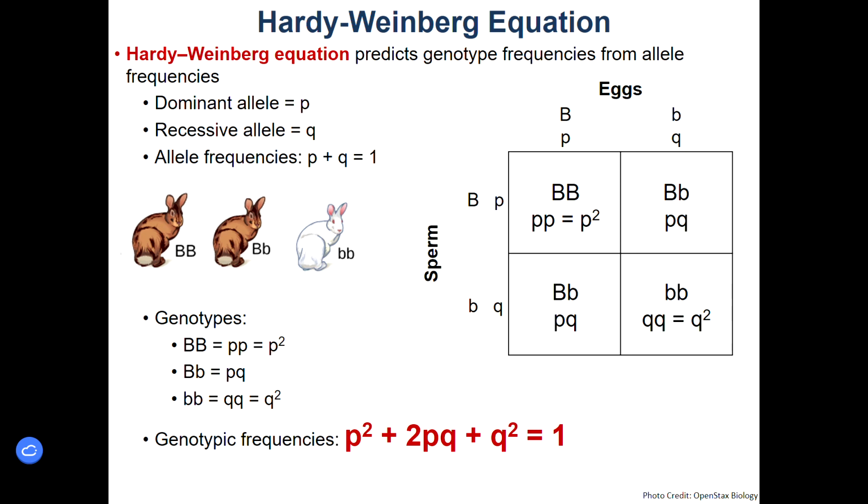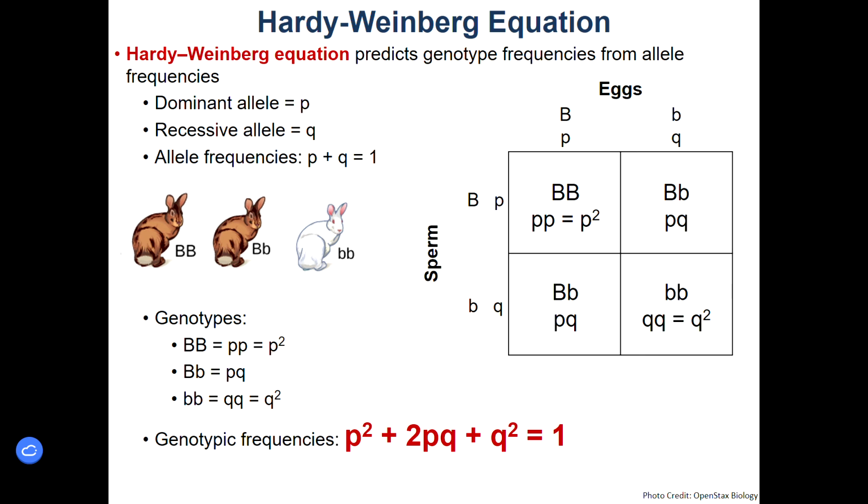So our Hardy-Weinberg equation is all of the different genotypes you can have put into one equation. We have P squared, our homozygous dominant individuals. 2PQ. We have 2 PQs because there are 2 opportunities for us to have a heterozygous individual, so PQ plus PQ is equal to 2PQ.